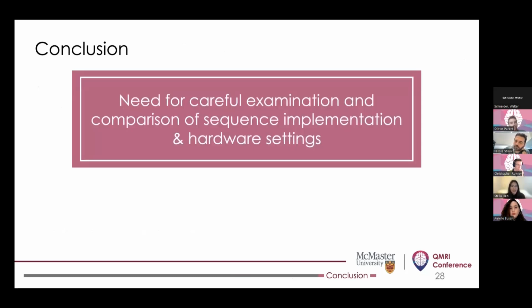And regardless, we do believe that these results illustrate the need for rigorous comparisons of acquisition settings, sequence implementations, and hardware configurations across sites when designing and conducting multi-site qMRI studies if we do not have vendor neutral sequences available.